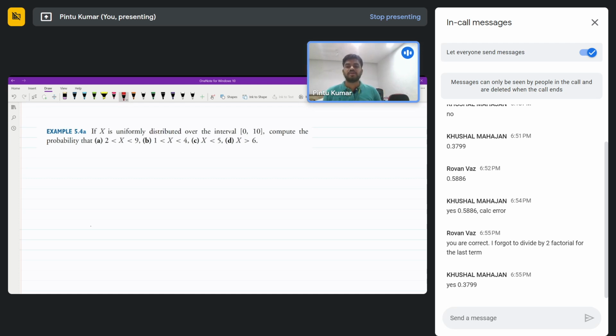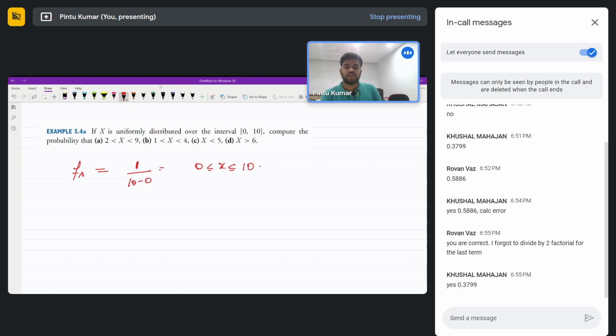The example says that X is uniformly distributed over the 0 to 10 interval. Compute the following probabilities. So f of x is given as 1 upon 10 minus 0 whenever x is between 0 and 10, and 0 otherwise.